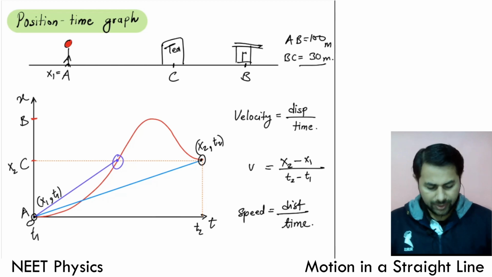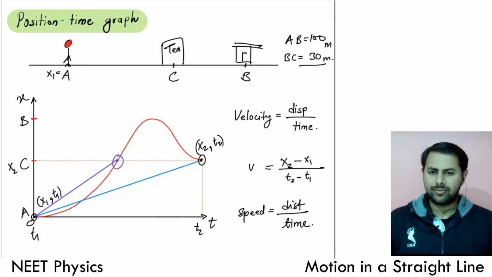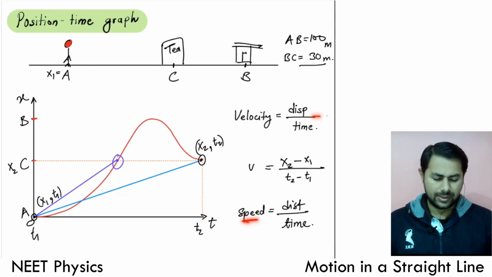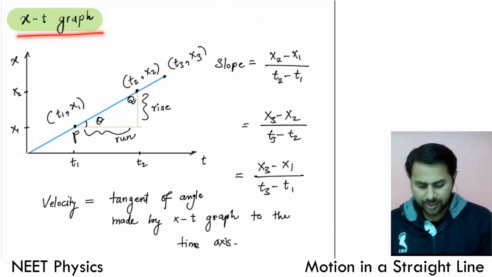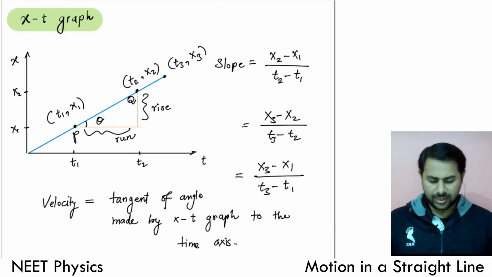And which one would be greater? Velocity would be greater or speed would be greater? What do you think? Speed would be greater, right? Because distance covered is more than the displacement.